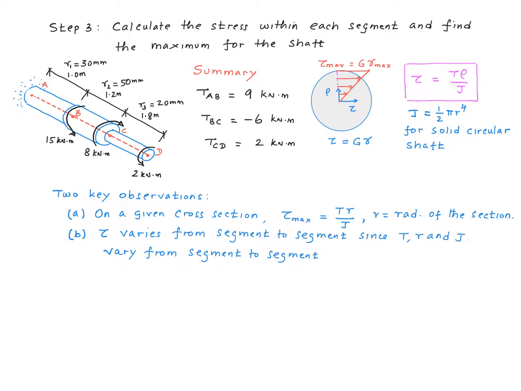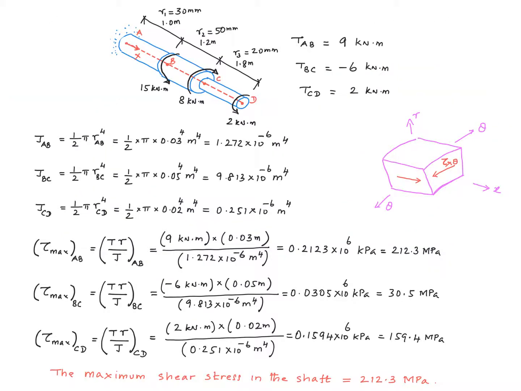So the two key takeaways are that on a given cross-section, tau max is given by this equation, where T and J pertain to that particular cross-section. R is the radius of the section, and tau varies from segment to segment since T, R, and J vary from segment to segment.